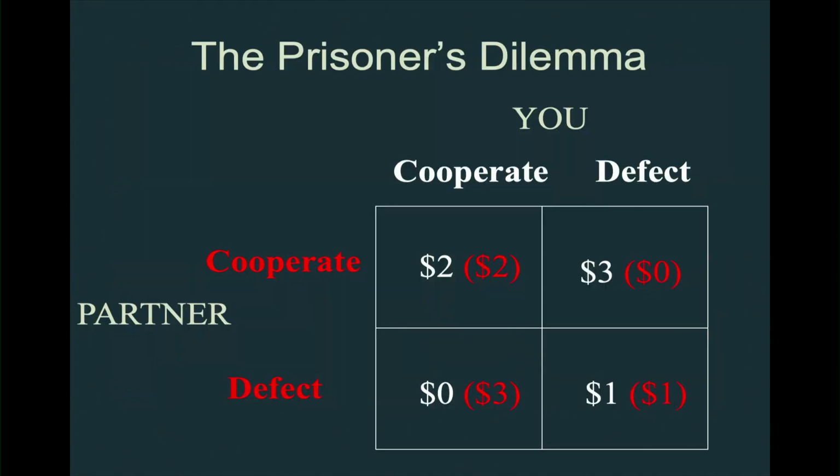I'm sure this is a game many of you are familiar with, but this is a very simple two-player game in which you and another person choose to either cooperate or defect, and you receive a payoff that depends on the interaction of your two choices. So if you cooperate and your partner reciprocates that cooperation, you both receive $2, and we consider that a positive social interaction.